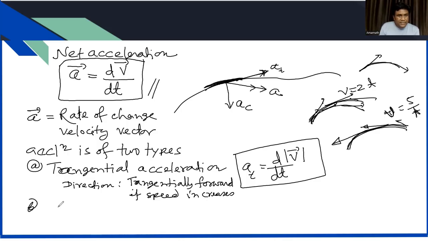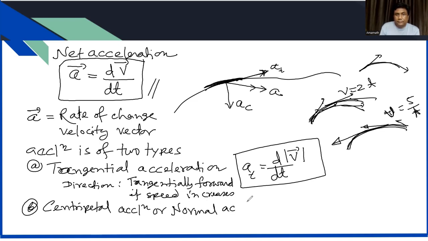And the second acceleration is called centripetal acceleration. This is also called normal acceleration. The symbol is AC or AN.